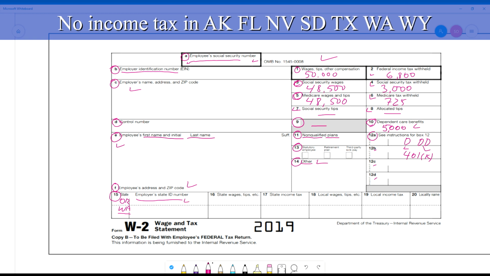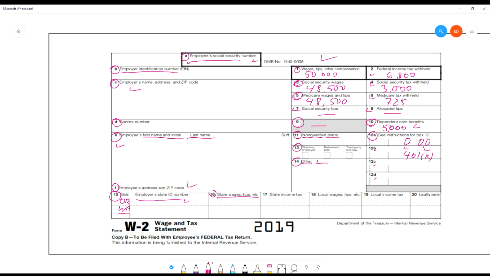If you're subject to state taxes, in box 16 you'll have the amounts of taxable wages, tips, and any other compensation. In box number 17, state income tax, you'll show the total amount of state income tax.